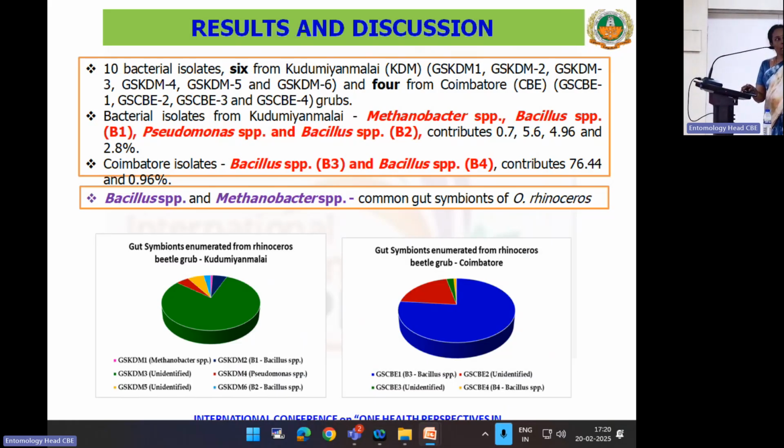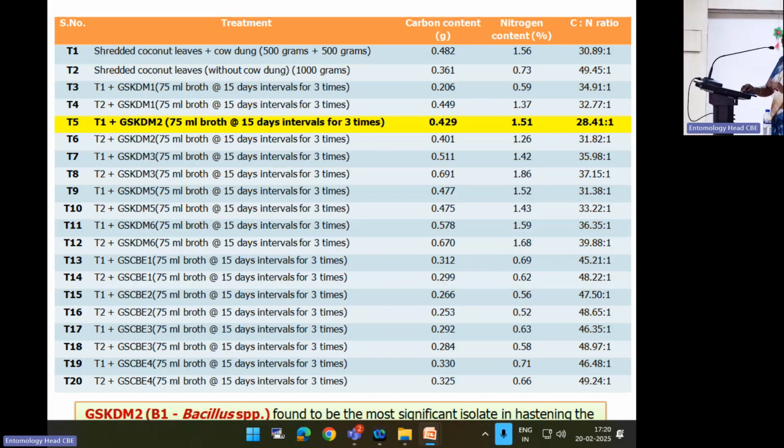And then after this isolation, we have made 20 different treatment combinations. For normal composting, we use the waste material along with cow dung. So we took the normal method of composting, and another one without any cow dung addition. These 2 treatments were included along with our isolates.